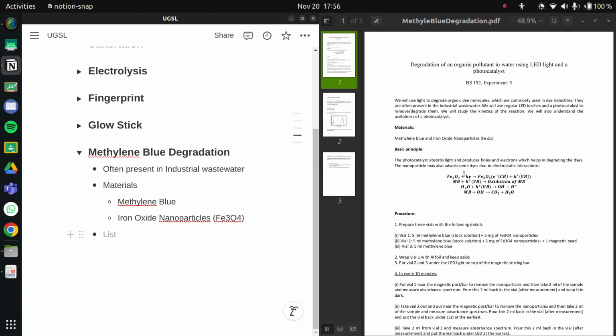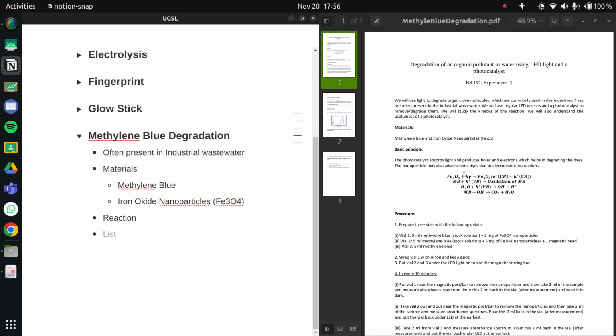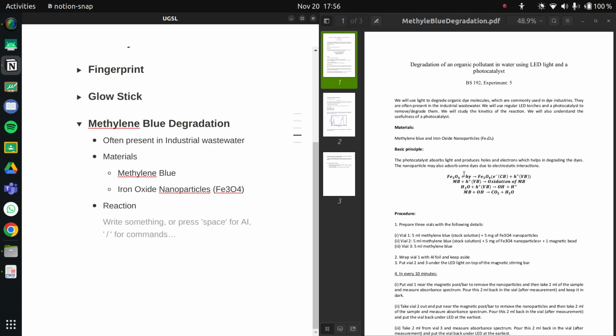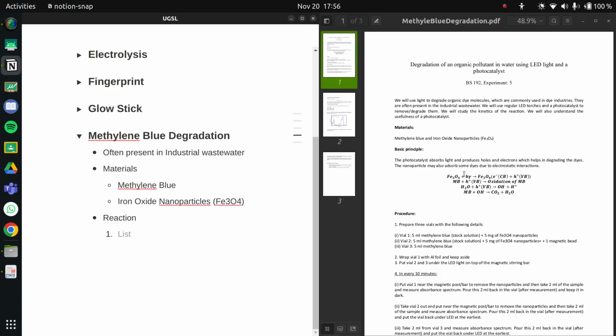Okay, so the reaction: you just got Fe3O4 plus light, or plus a photon, that gives Fe3O4 plus an electron plus hole.